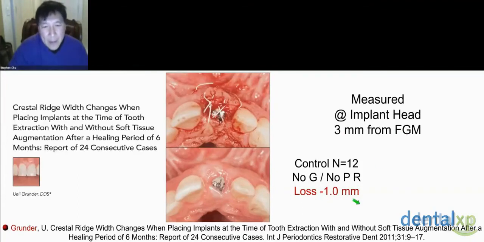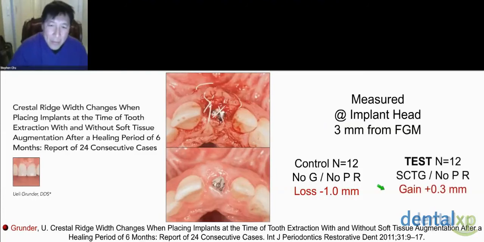What's interesting in this paper is that Uli Grunder only did a connective tissue graft. Again, no bone grafting or socket shield technique. All he did was place a connective tissue graft as his test group. So again, out of the 24 patients, the other 12 patients were the test group where he just did a connective tissue graft, no provisional restoration, just a healing abutment. And he found that if he placed a connective tissue graft, he actually had a gain of about 0.5 millimeter.